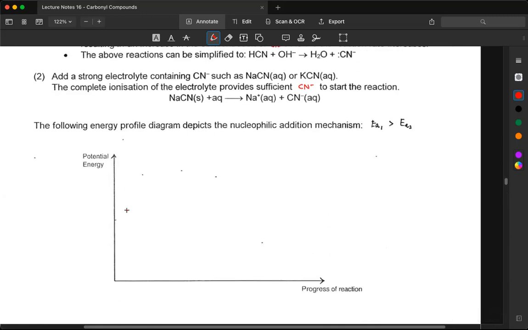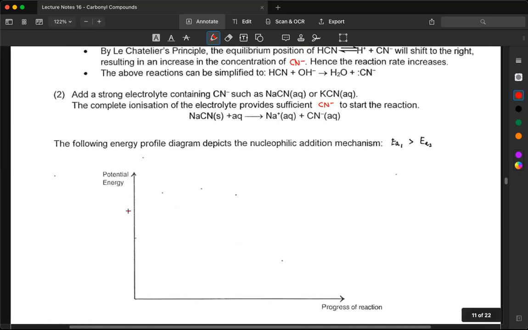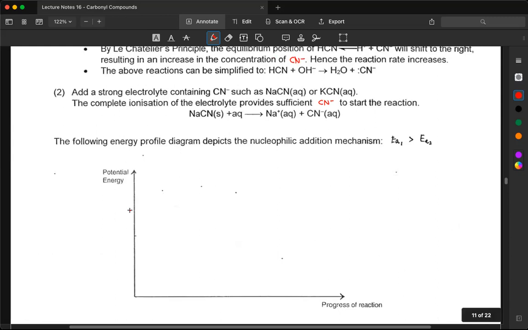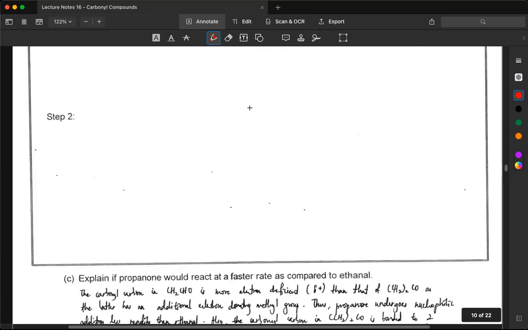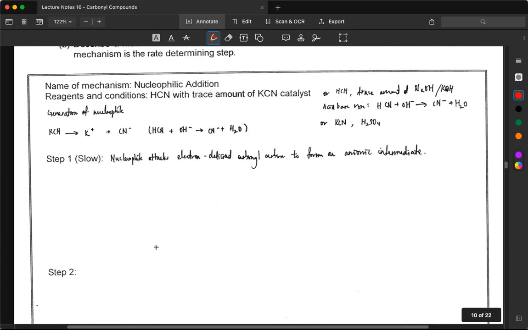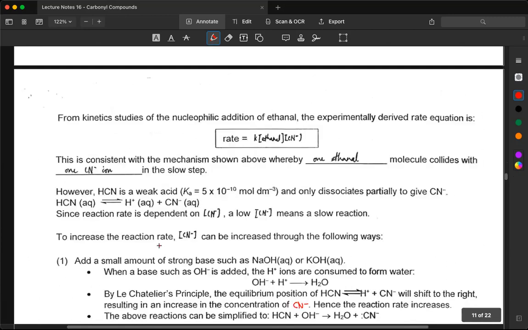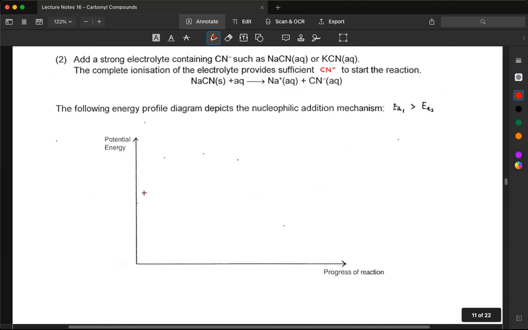The energy profile diagram depicts the nucleophilic addition mechanism, where EA1 is bigger than EA2. So EA1 refers to step 1, EA2 refers to step 2. If step 1 is a slow step, you will expect it to be greater.